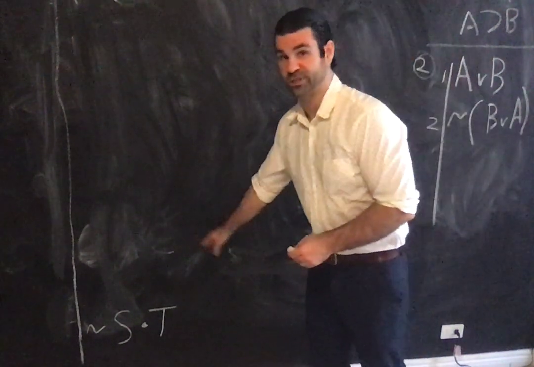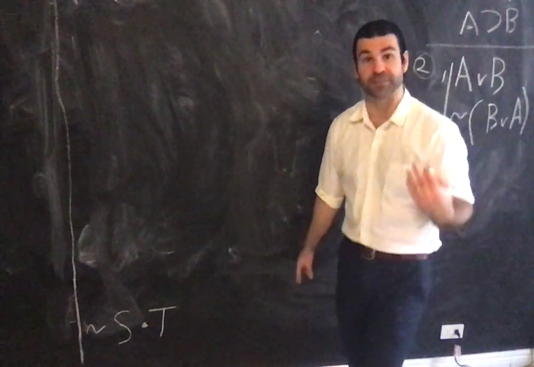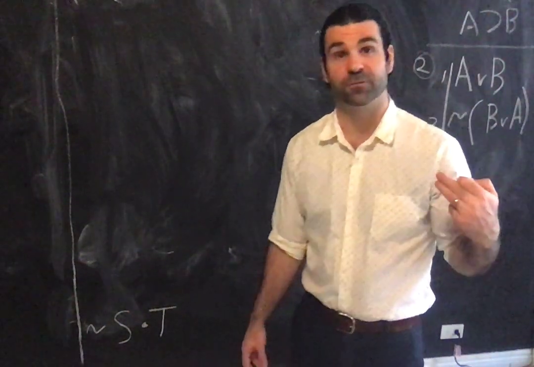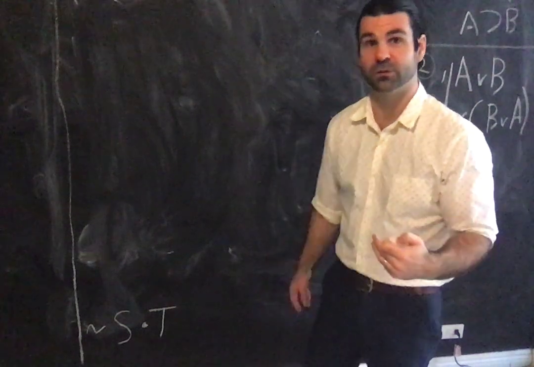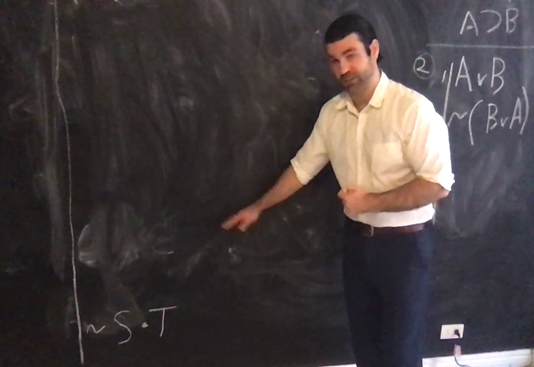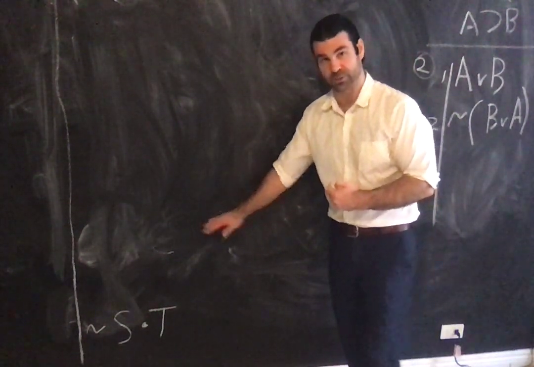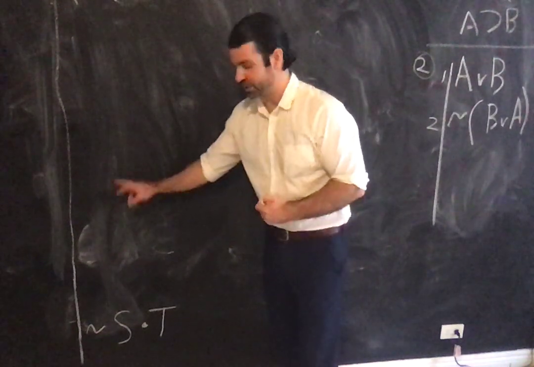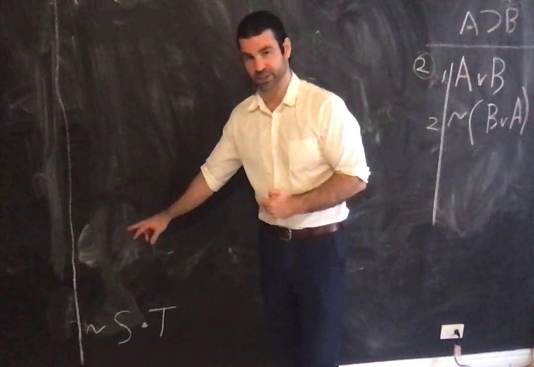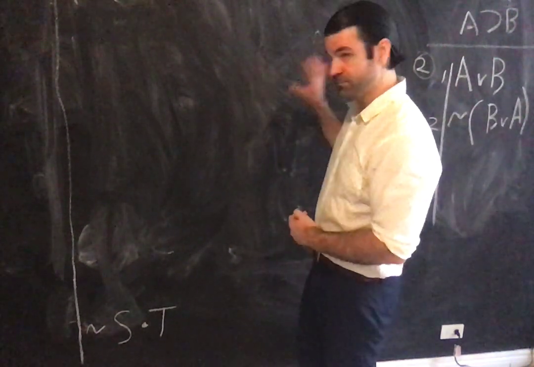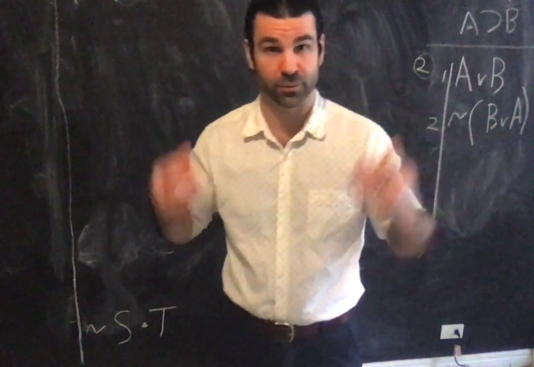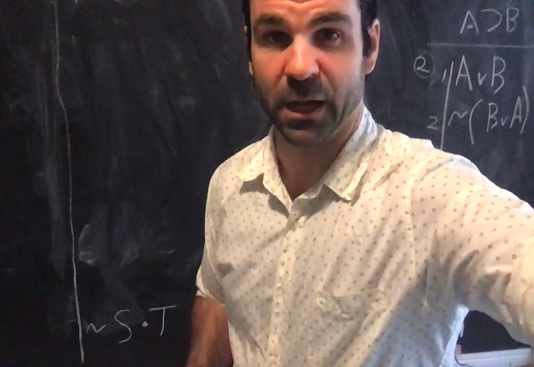So I'm probably going to justify this by conjunction, and then the next thought, what formulas do I need to apply that rule? I need the two conjuncts separately. So I need to get a not S somewhere, and I need to get T.